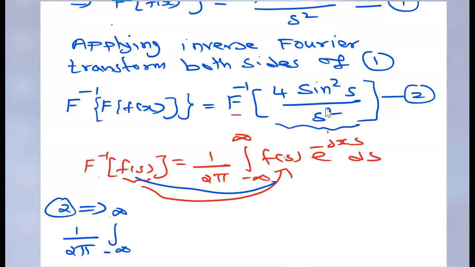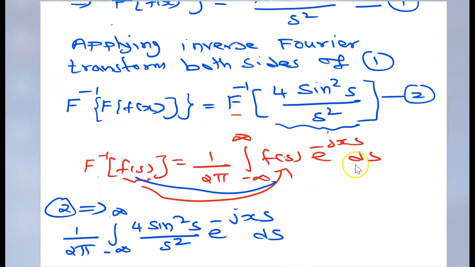This value is 4 divided by sine squared s divided by s squared, e power minus j x s ds. This is the inverse Fourier transform definition: F inverse means 1 by 2 pi integral over minus infinity to plus infinity, whichever is inside we write, F of s, then multiply with e power minus j x s ds.